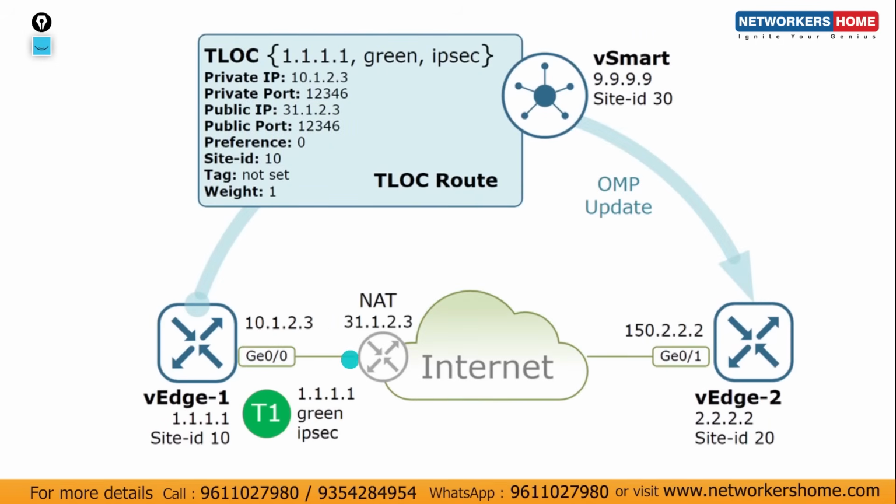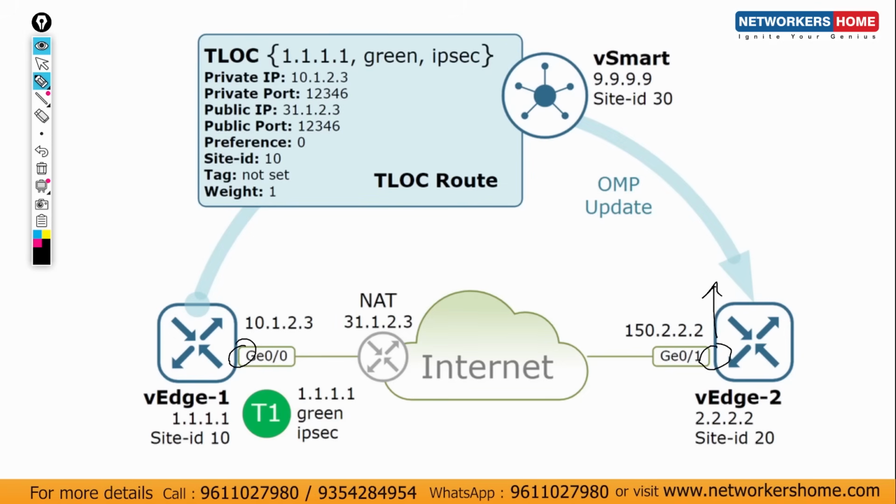So here I have this scenario. Now we have to find out what is the transport locator here, right? So it will not be wrong to say that this is one transport locator, right? This interface is basically going to get converted into a TLOC, because it is running OMP by default on the transport side as well as all the service VPNs.